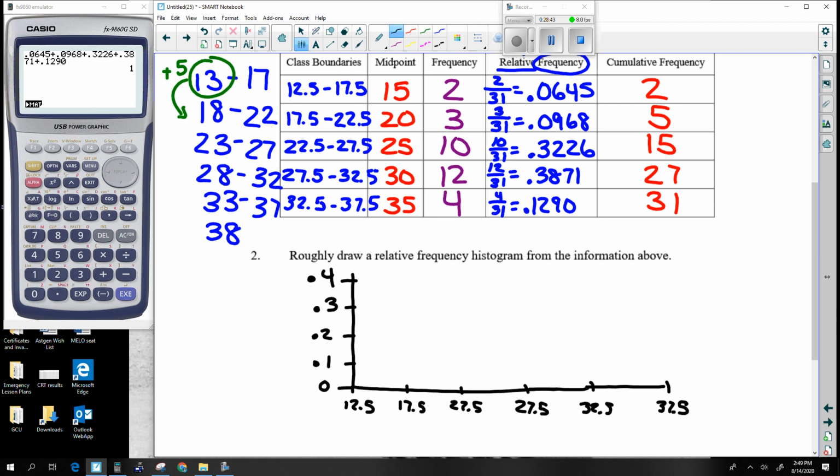So the very first one is at 0.06. Then we're at 0.09. Then we're at 0.32. Then we have 0.38. And then we have 0.12. There you go.